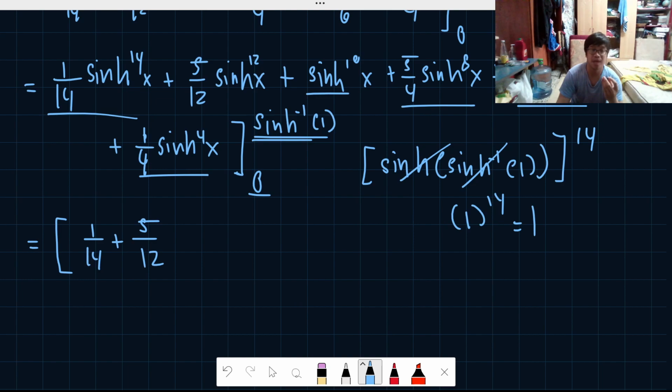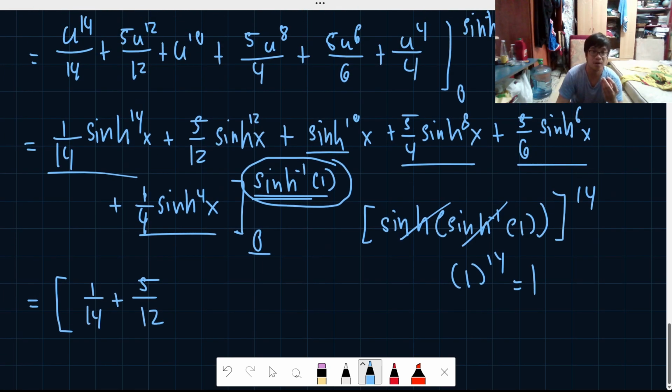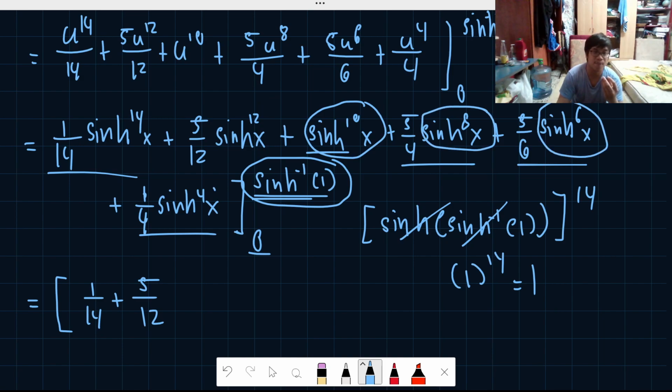So we can safely conclude that if we substitute inverse hyperbolic sine of 1, this hyperbolic sine would be 1.